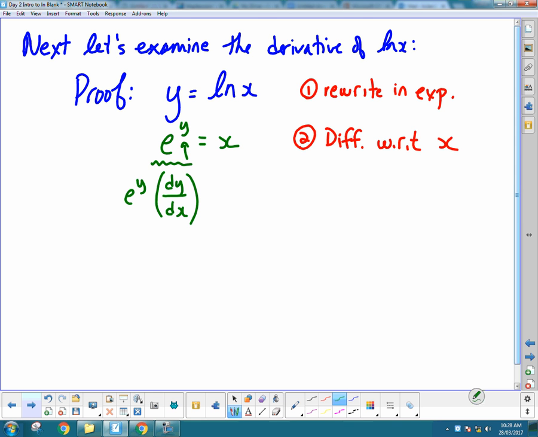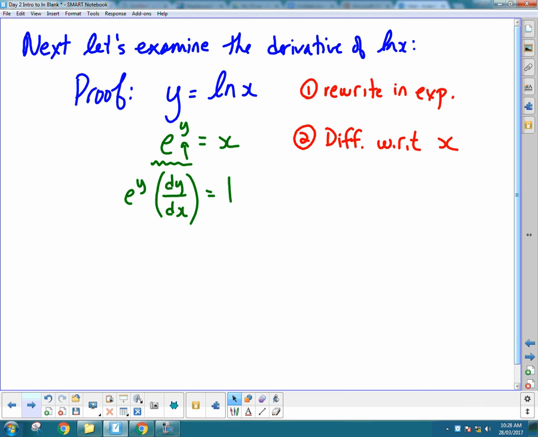So the derivative of e to the y with respect to x is e to the y dy by dx. Equals, and on this side is the derivative of x. Well, that's easy. The derivative of x is 1. Since I'm differentiating with respect to x, and this is an x, I don't need to write anything else. If I did, I would write dx by dx, which is redundant.